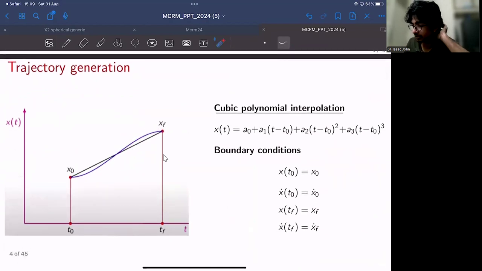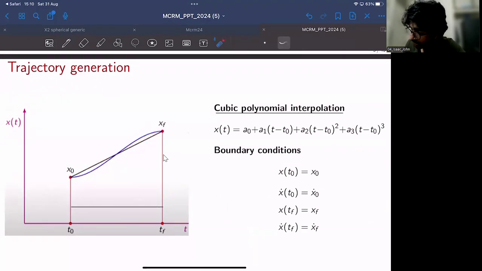The reason is that if you take a look at the straight line interpolation, which is a first order curve, and take its derivative to get the velocity profile, you get a constant velocity curve.